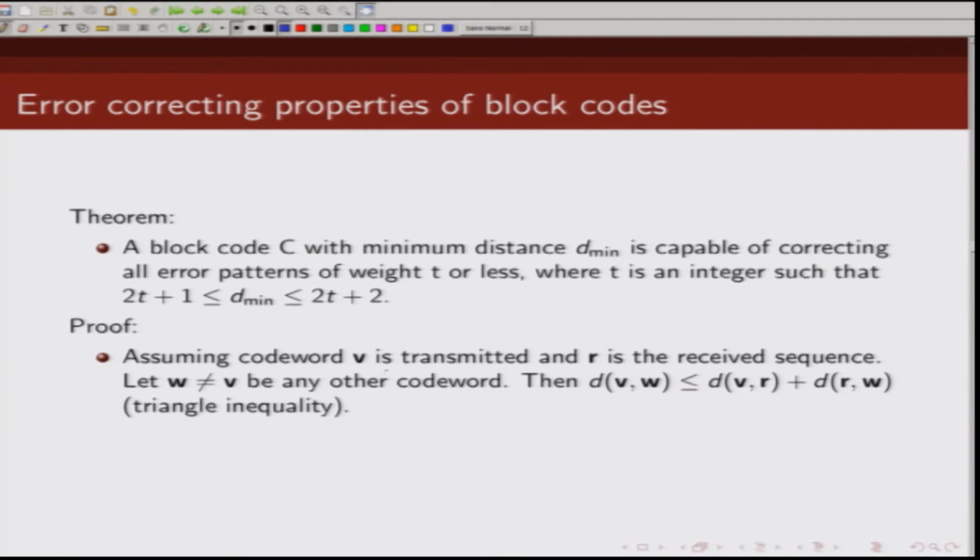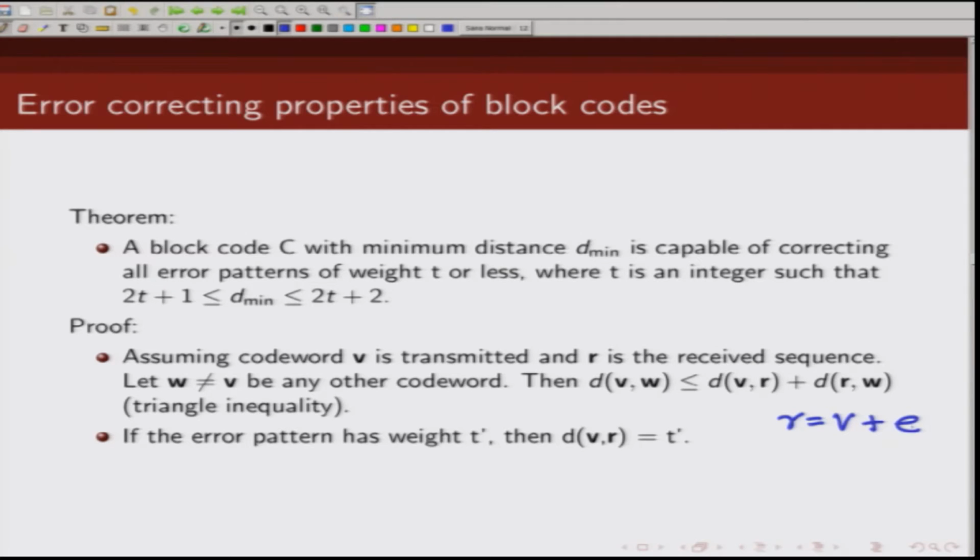Let us assume the code word that is transmitted is V, and what we received is the vector R. Let us assume there is another code word W, which is not the same as V. Now, we know from the triangular inequality that the Hamming distance between V and W is less than or equal to the Hamming distance between V and R plus the Hamming distance between R and W. Now, let us assume that the error pattern has weight t dash, and R is nothing but V plus this error pattern, correct.